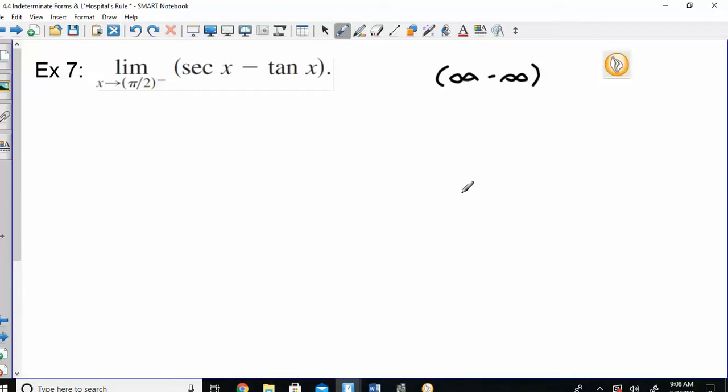That tells me, first of all, it's indeterminate. I can't get the answer yet. But I have to somehow rewrite this so I can use L'Hopital's. These things aren't written as a fraction, but how could I rewrite secant? 1 over cosine. Minus, how could we rewrite tangent?